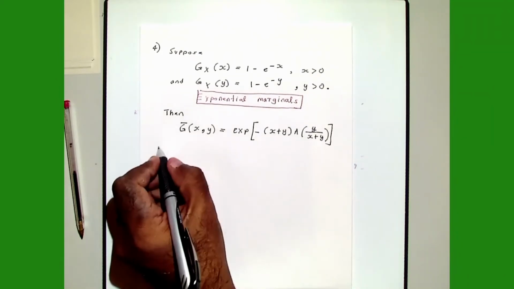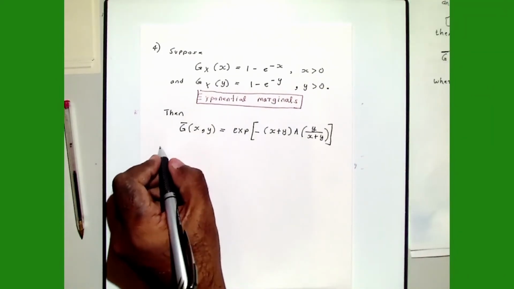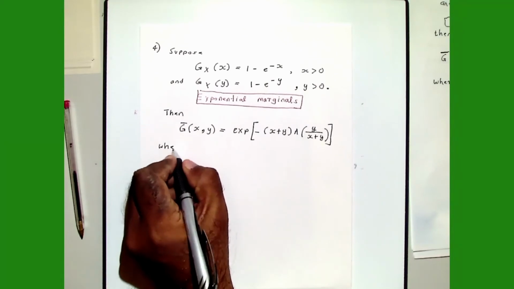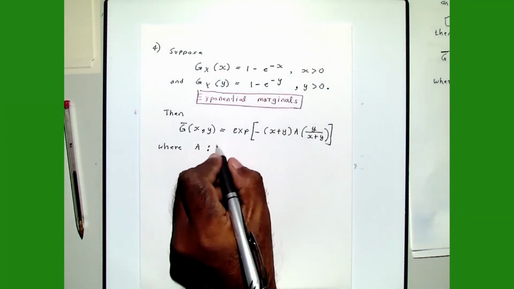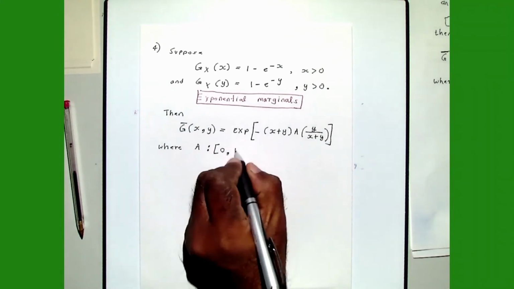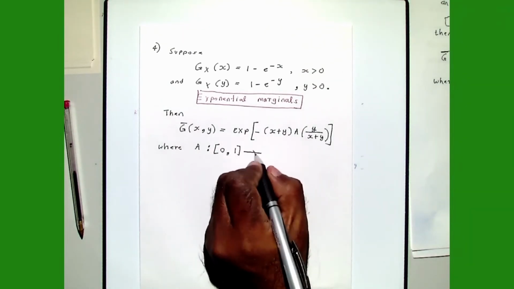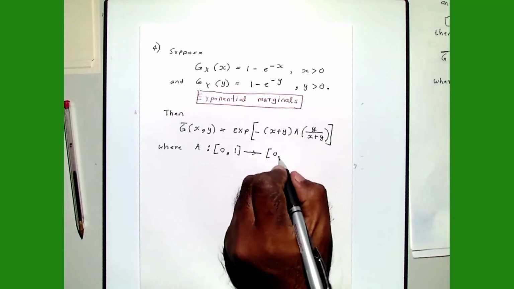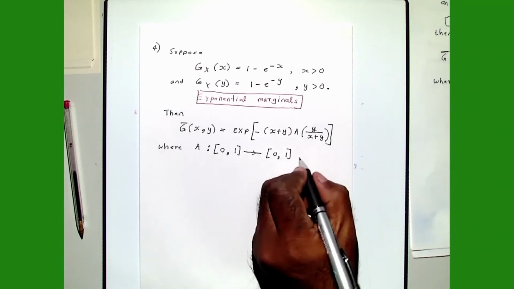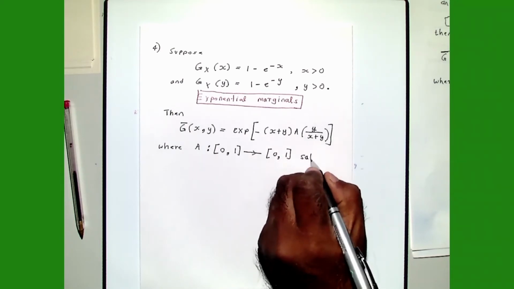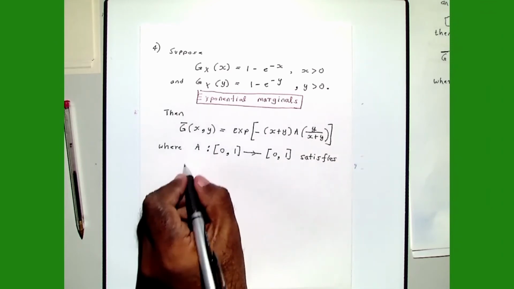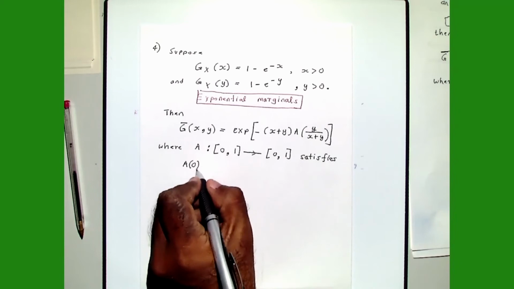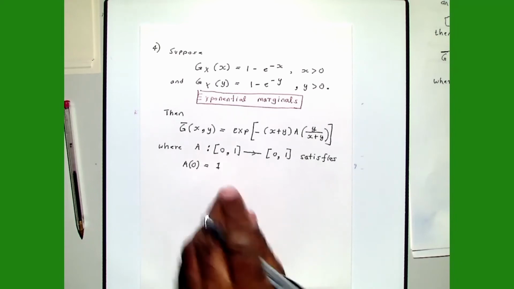Where A is once again a function from [0, 1] to [0, 1] and satisfies the following conditions. The first conditions are the same as in the previous representation.